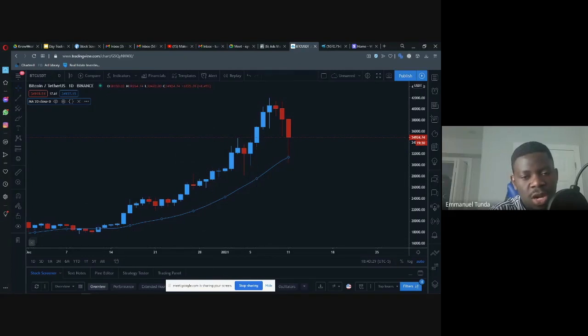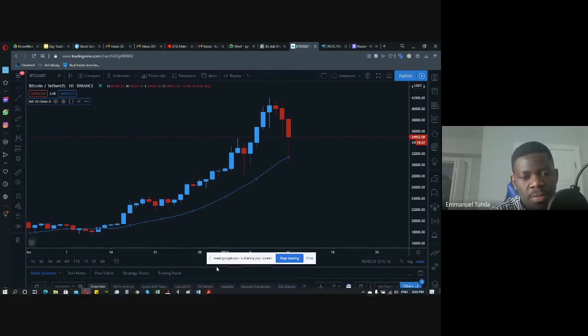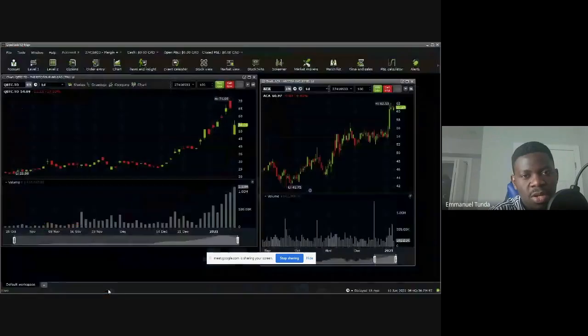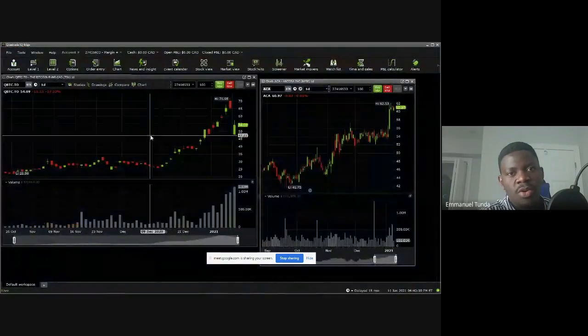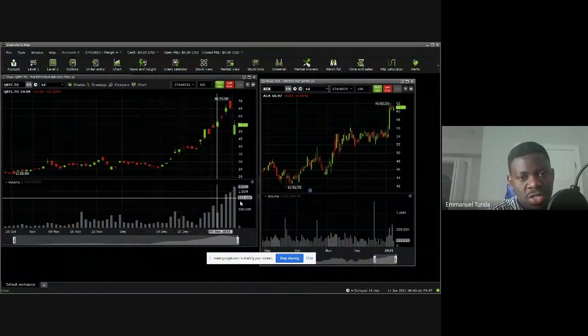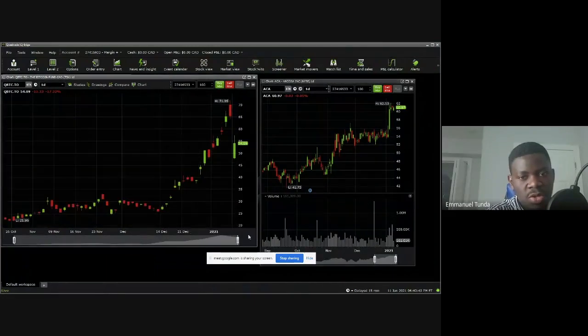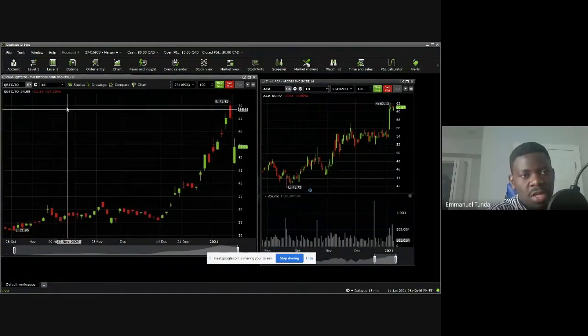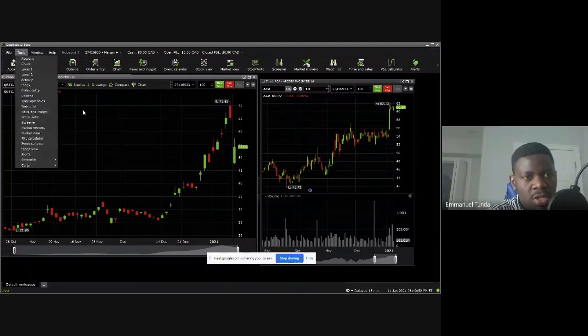I can also show you how to add it on Questrade. This is the Questrade platform. What you do on the Questrade platform, you just go on chart and then tools. No, sorry.